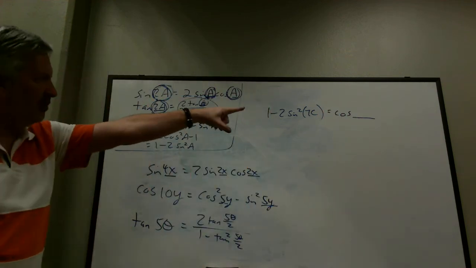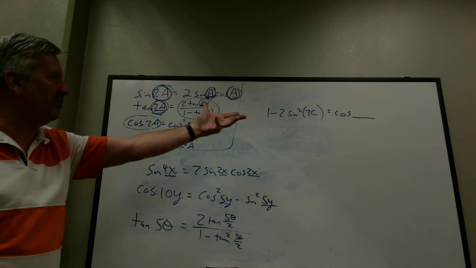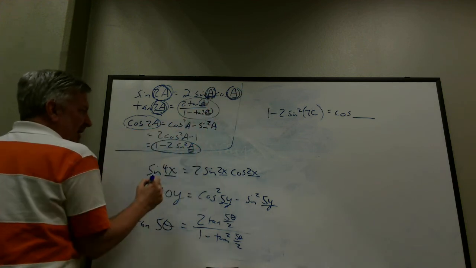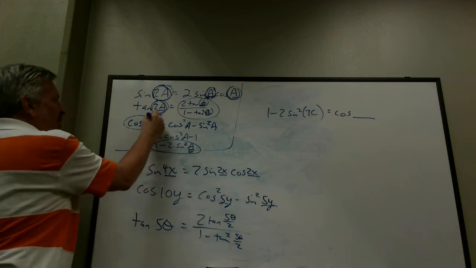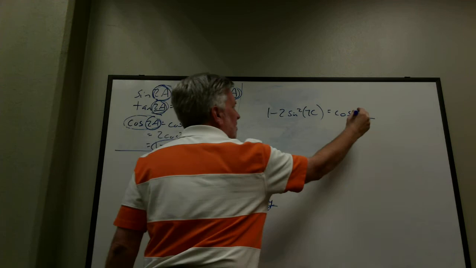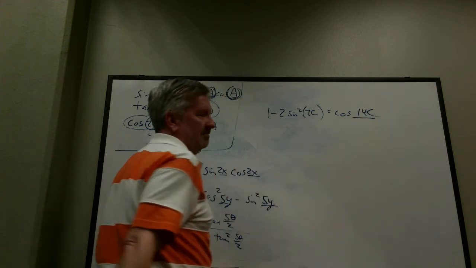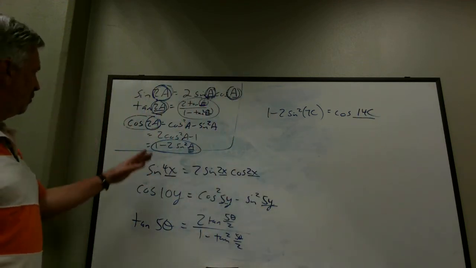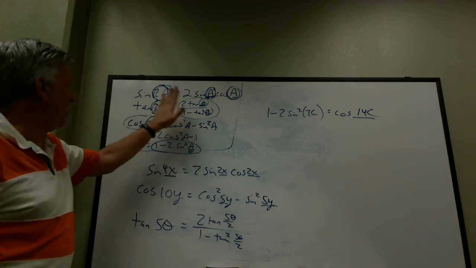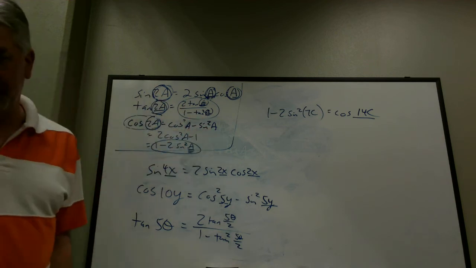Now, what angle do I put there in the blank to make it a true statement? Well, if you have something that looks like this and you have angle A, when you rewrite it this way, what angle goes here? Double the A. So that's double 7c, which is 14c. Right? So if you're going from this side to this side, you're taking half the angle. If you go this side to this side, you're doubling the angle.